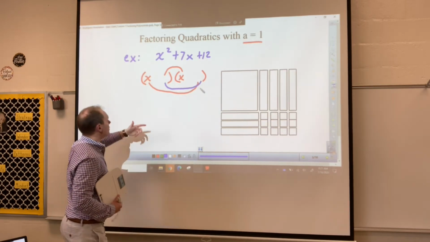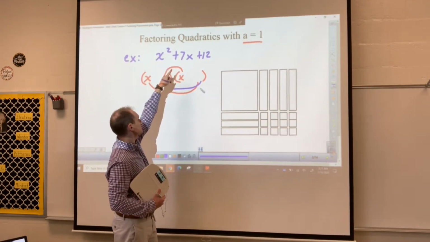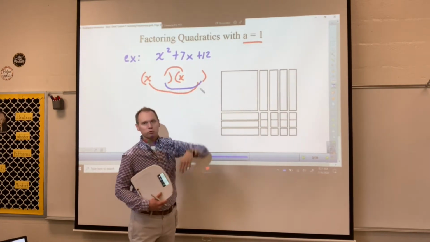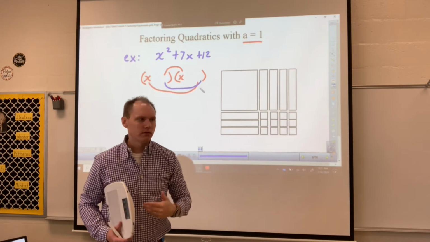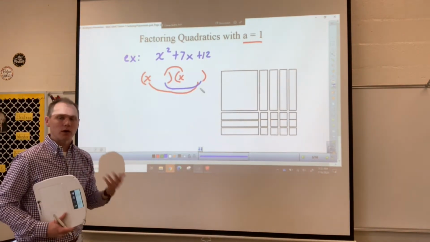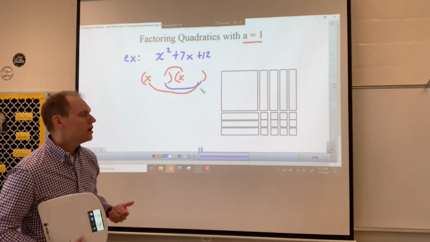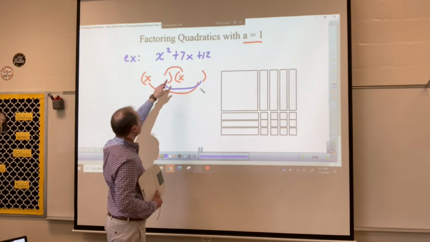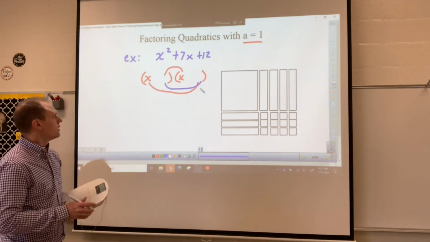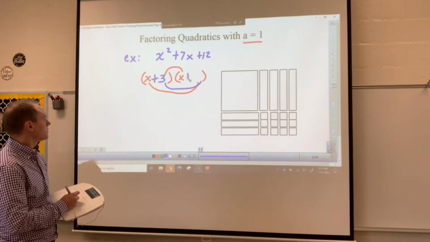So all in all, these 2 numbers need to add to give us the 7, and then these 2 numbers need to multiply to give us 12. So really it's just a process of thinking through the factors of 12. The factors of 12 are 12 and 1, 3 and 4, 6 and 2. We're going to think about which of those add to give us 7, and that's going to be the 3 and 4. So it'd be plus 3 and plus 4.